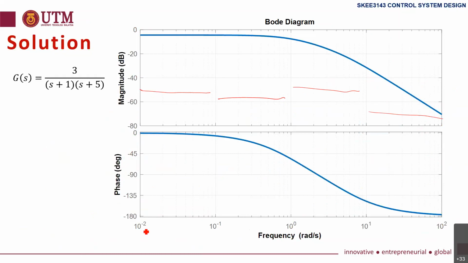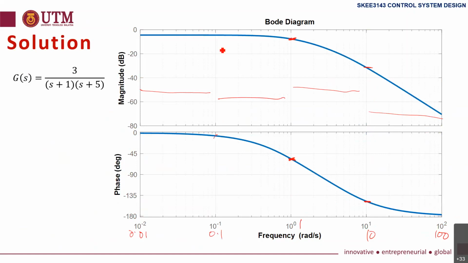At the start here, the scale is automatically determined: 0.01, 0.1, 1, 10, 100. So you can check when you calculate for 1, what is the value of phase and also the magnitude in dB. This is for 10 radian per second.